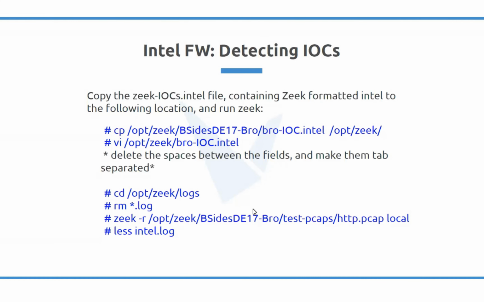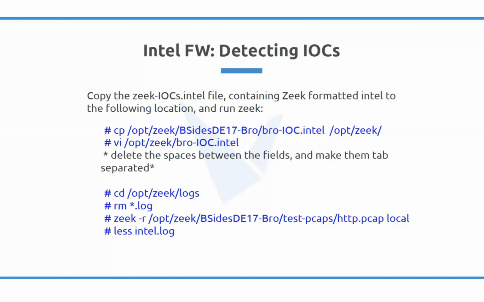Okay, so I think this is the exercise part. We will try to load the Intel framework in our current install in our VM, and we will load a dummy Intel file, which will have some dummy IOCs. They are not real IOCs, and we are trying to get a hit and produce an intel.log file for the IOCs that we have mentioned in the bro-ioc.intel.